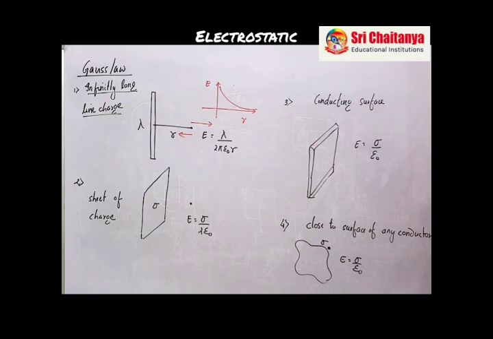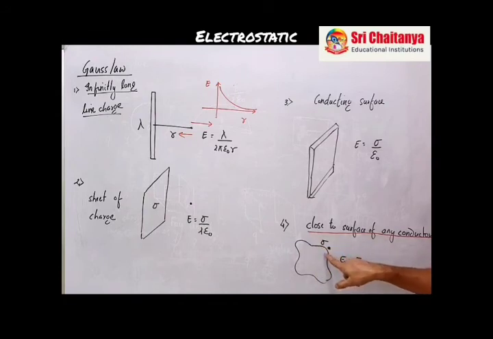Now the fourth situation. If you have any surface of any shape, it doesn't matter, and anyone asks you the value of electric field due to that body very close to the surface. If you go very close to the surface, it will start behaving as an infinitely large conductor.